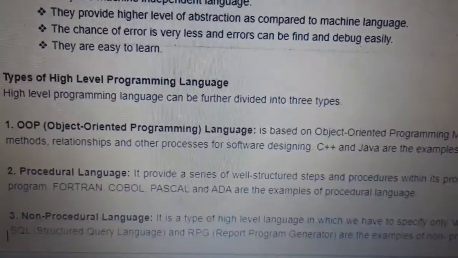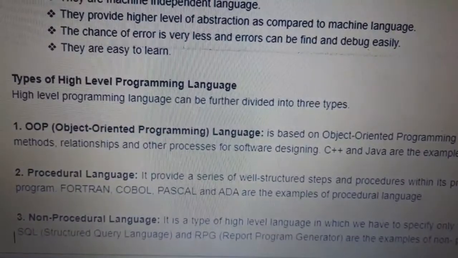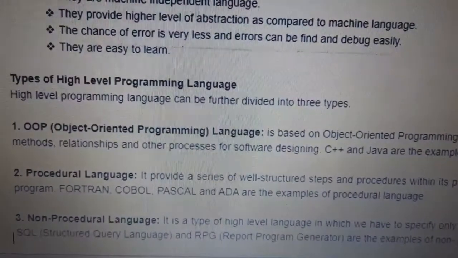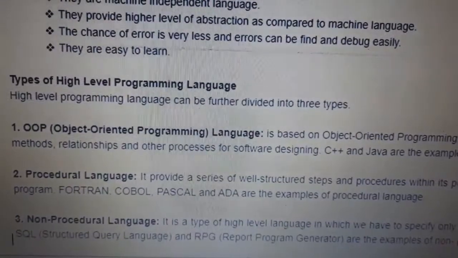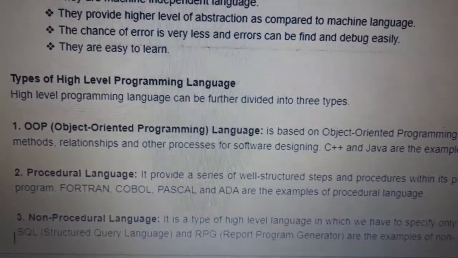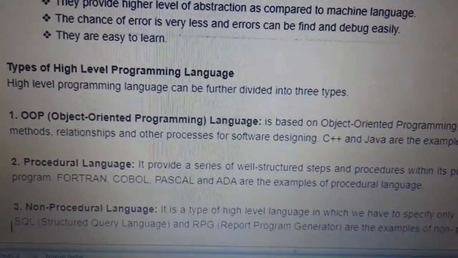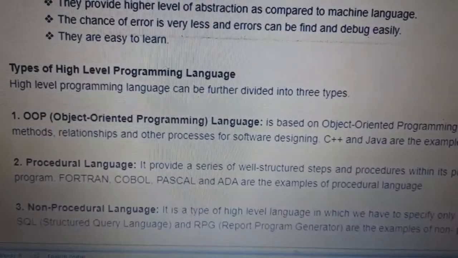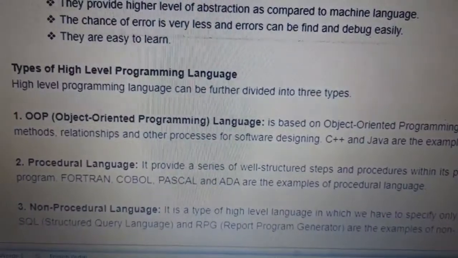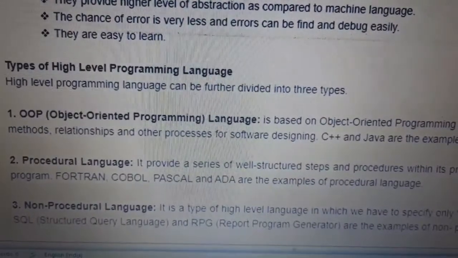Now let's see types of high level programming language. There are three types of high level languages. High level programming language can be further divided into three types. Number one is OOP, number two is procedural language, and number three is non-procedural language. OOP means object oriented programming language.